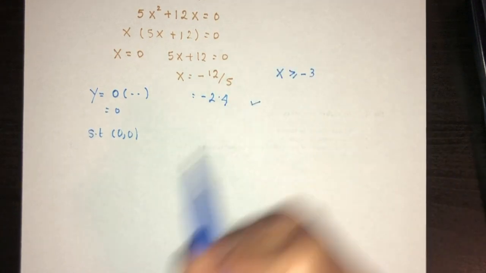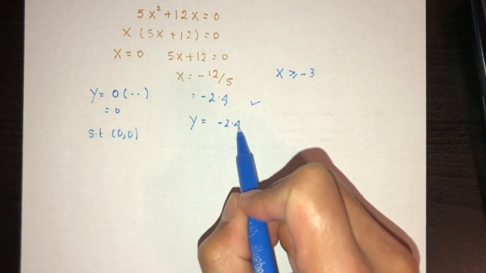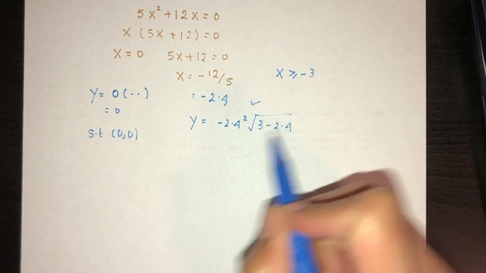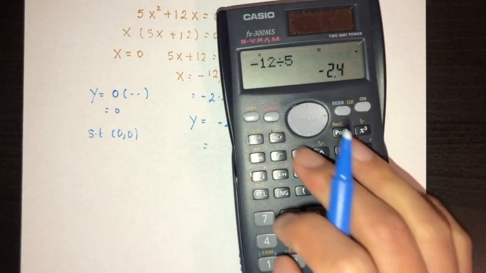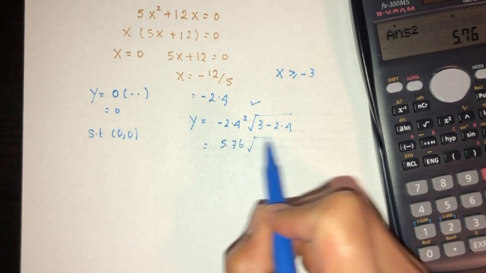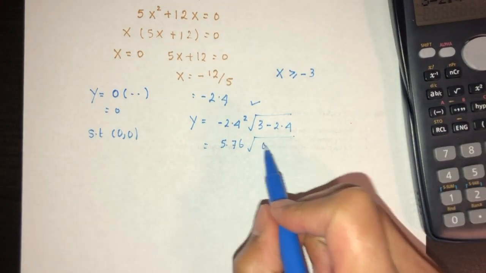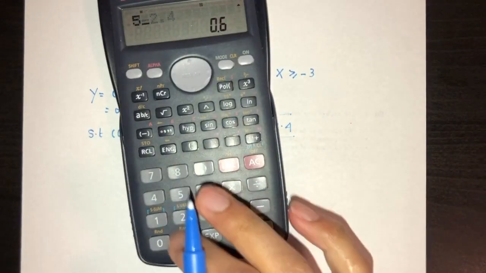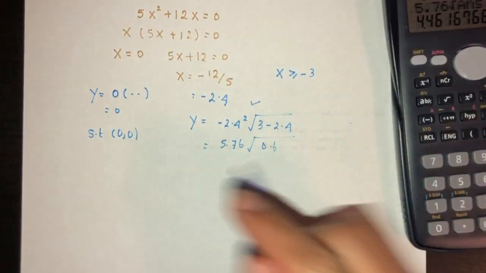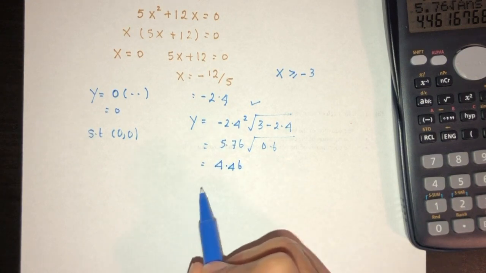So this is okay. So y will be equal to minus 2.4 square root of 3 minus 2.4. So you will have to square that value, that will be 5.76, times this will be what? 3 minus 2.4 is 0.6. So 5.76 root of the answer, that will be, correct to 3SF, 4.46.